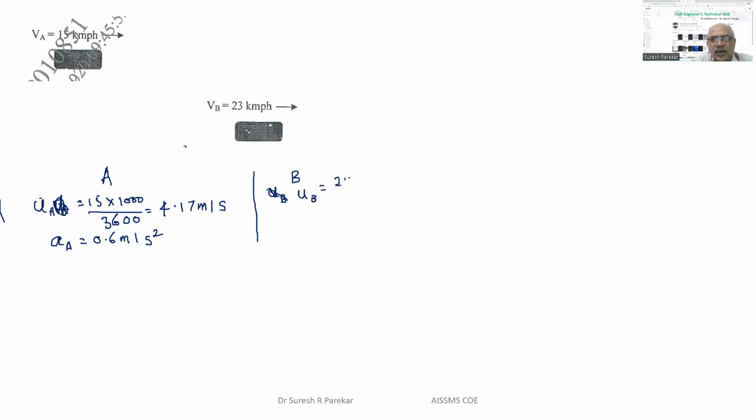And this is 23 into 1000. Generally, V we use for final velocity. And we have this value, 6.39 meter per second. And deceleration is given, which means we have A negative, minus 0.4 meter per second square.